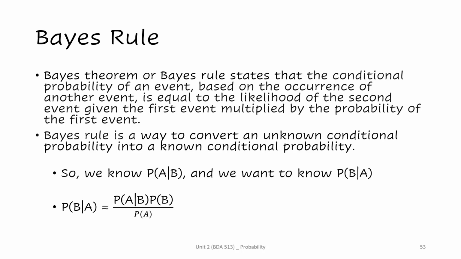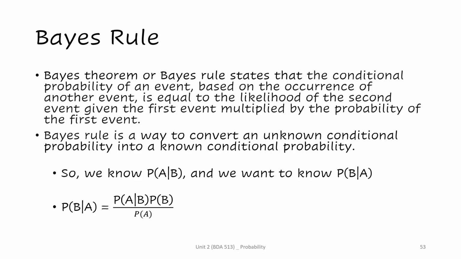Okay. So what we try to do is to convert an unknown conditional probability into a known conditional probability. So here, if we know A given B, we want to know B given A. So based upon what we know, we want to go further and make what we don't know become something we can apply probability to.